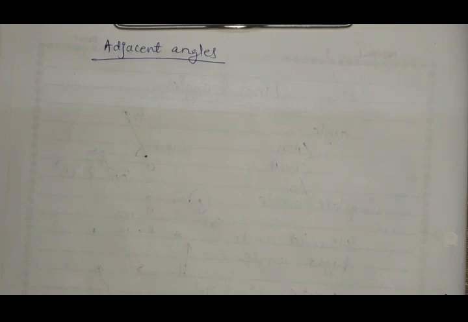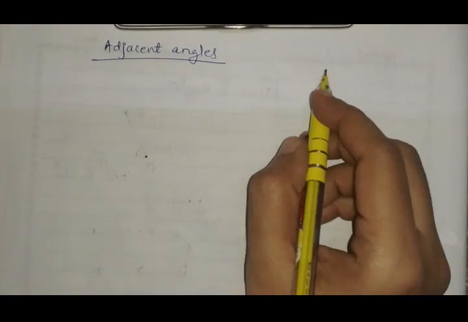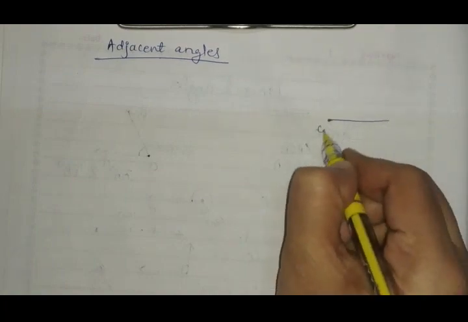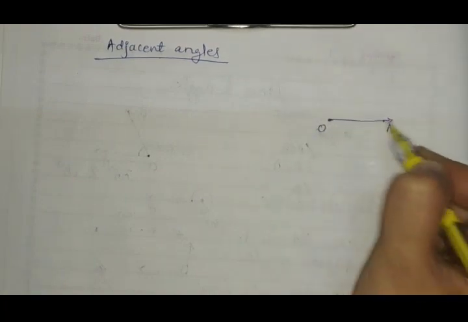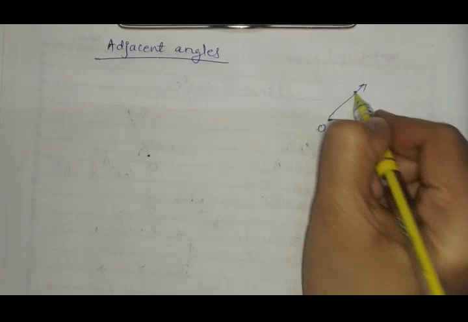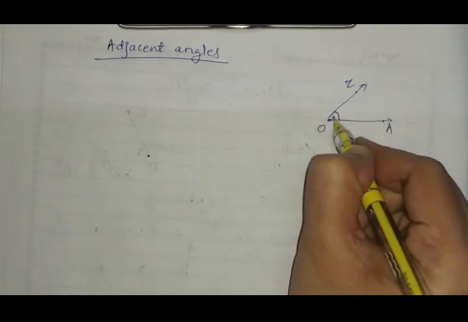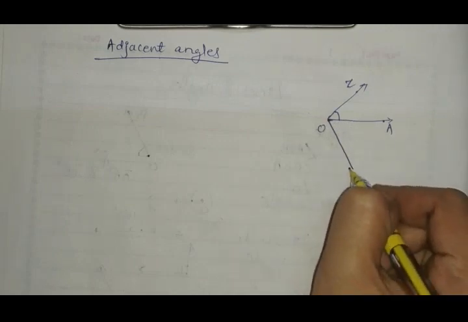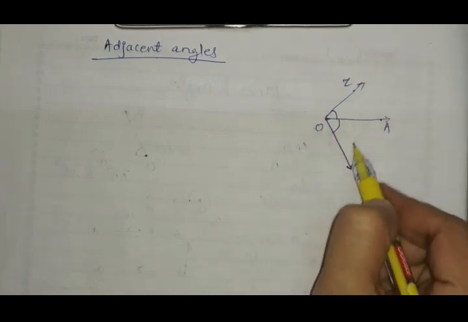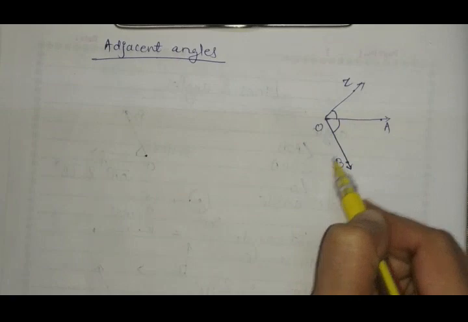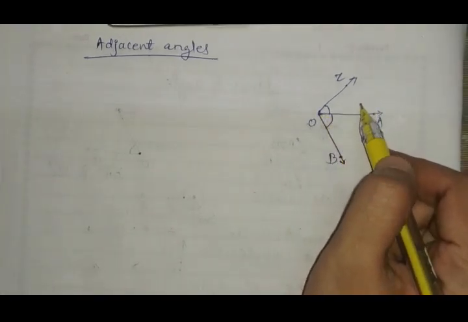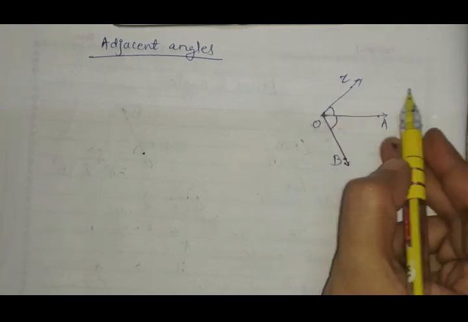Next we have adjacent angles. What are adjacent angles? Consider this is one ray OA, and here we have one angle. We construct one more angle from this ray. If you notice, there is a common vertex O. The two angles have a common vertex and one common arm OA.